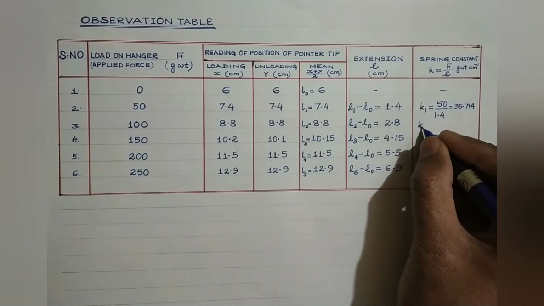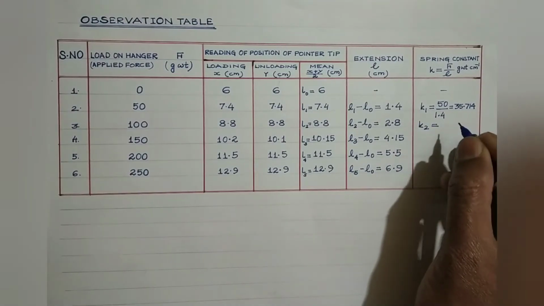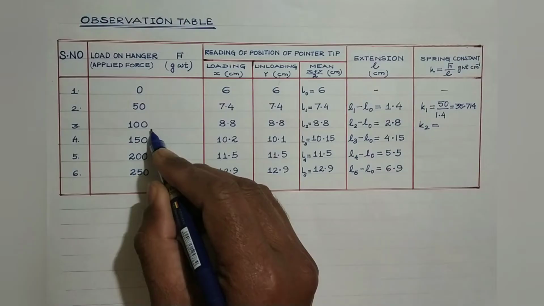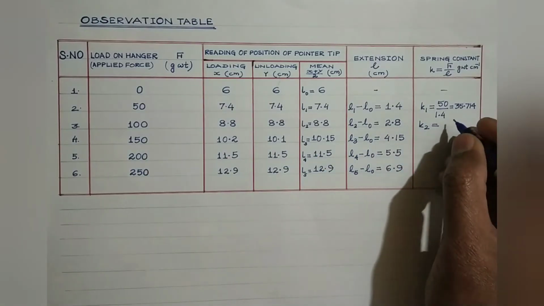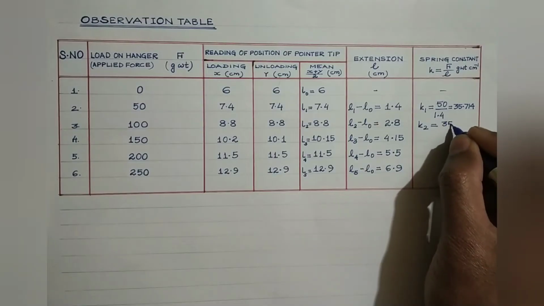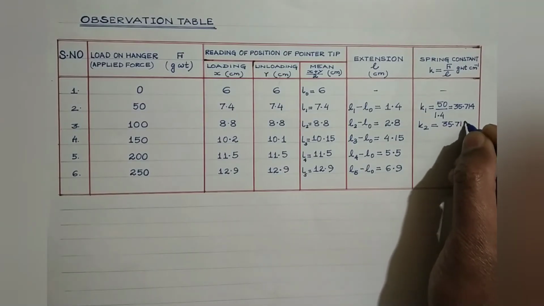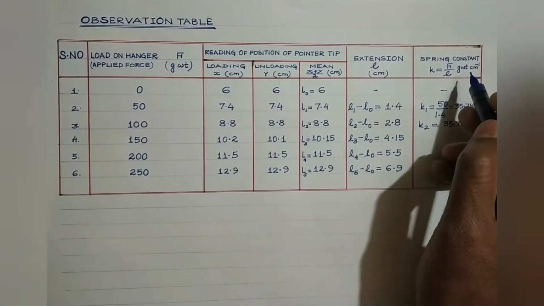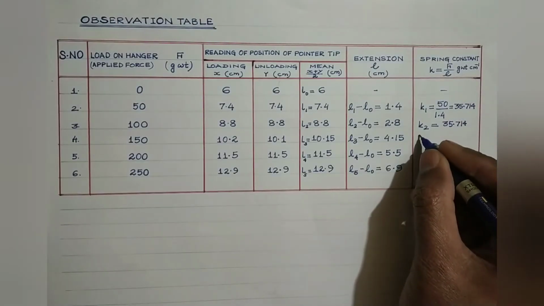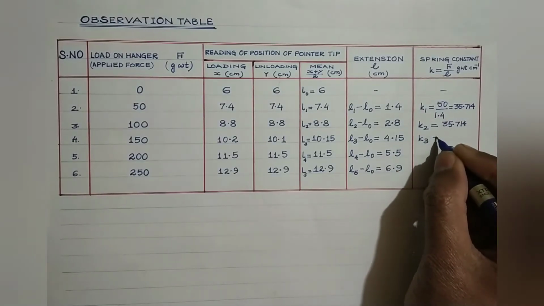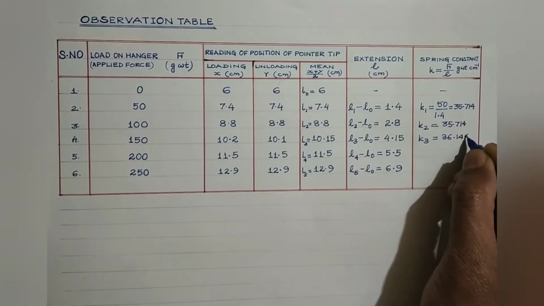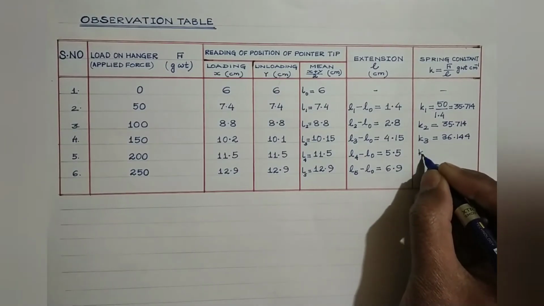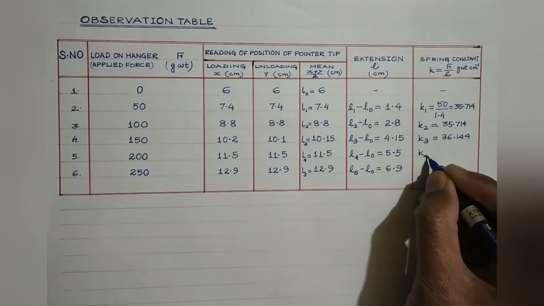Similarly students, K2 would be equal to 100 divided by 2.8, right? So that comes out to be 35.714. Again, gram weight per centimeter. Similarly, the values of K3, K4 and K5 can be easily obtained using the same method.